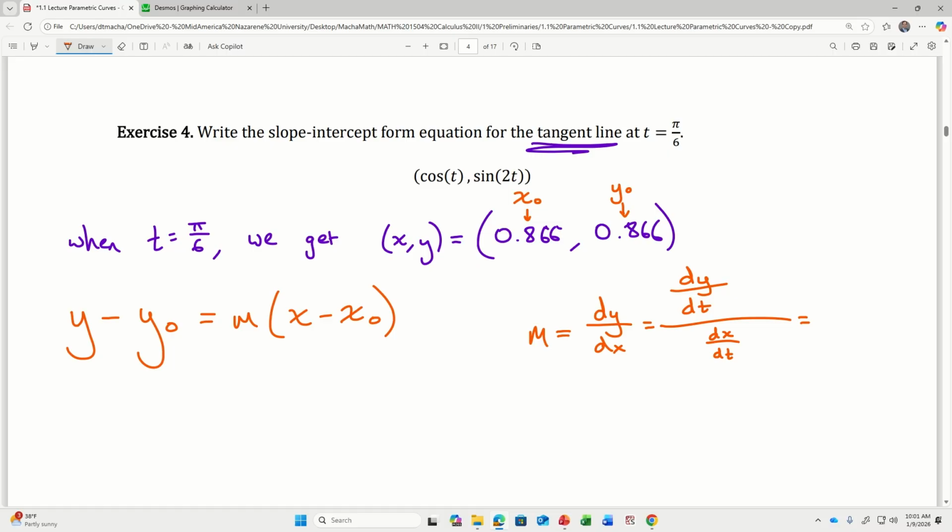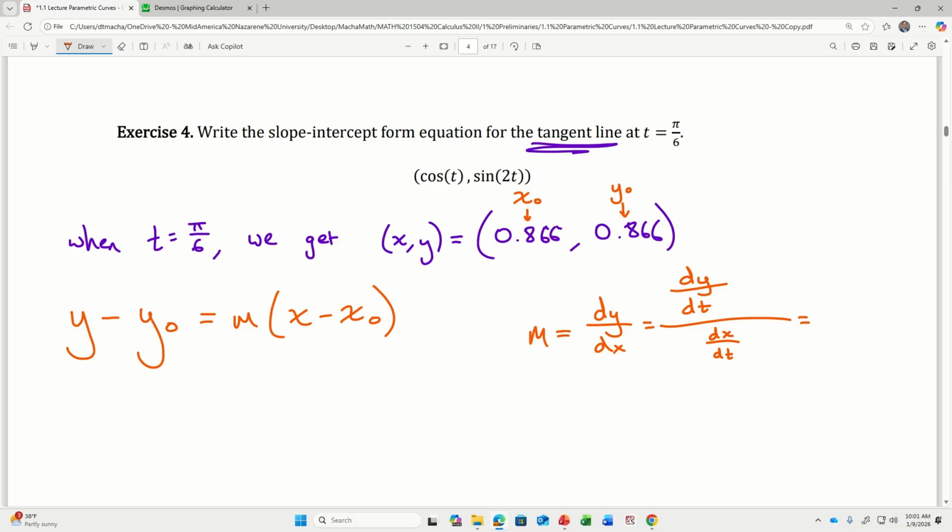What's the derivative of sine of 2t? 2 cosine of what? Cal, what do you think? Give me 1 second, I'm a little rusty. Yeah, it was our first calculus question of the year.